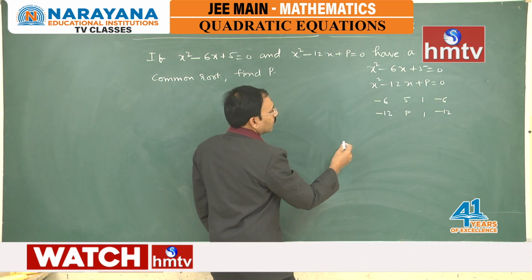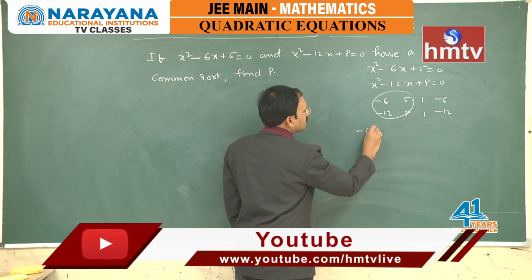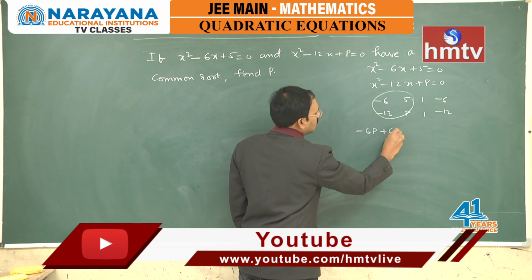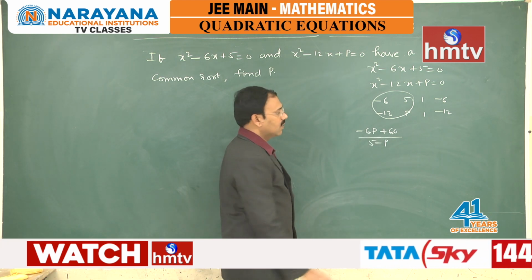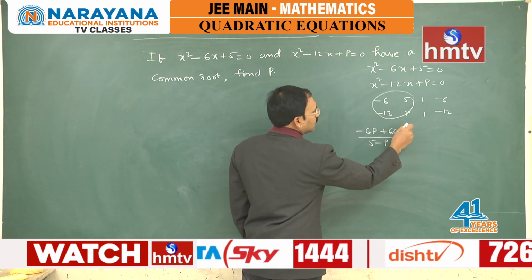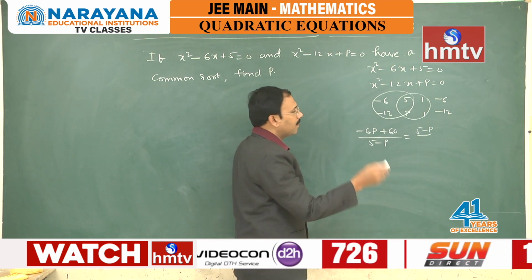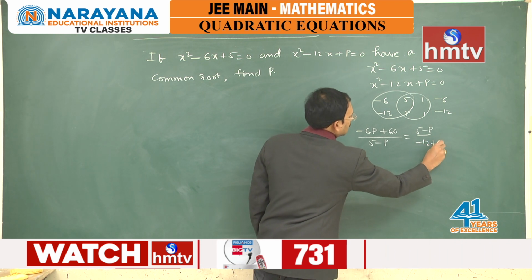Now, for the common root, I take this equal to minus 6p plus 60 by 5 minus p, which is also equal to 5 minus p by minus 12 plus 6, which is minus 6.